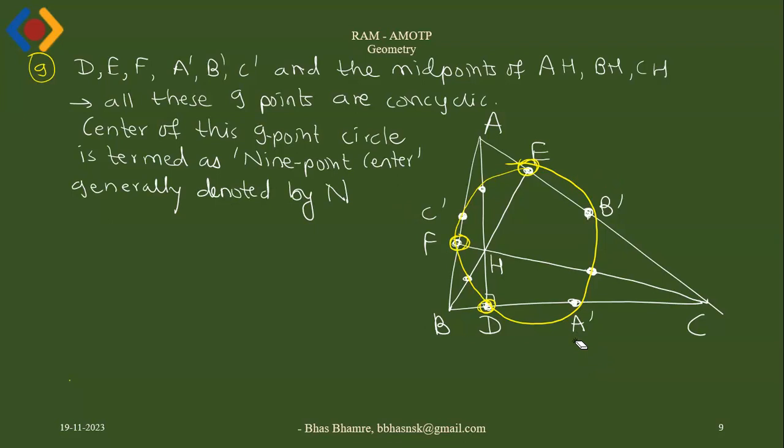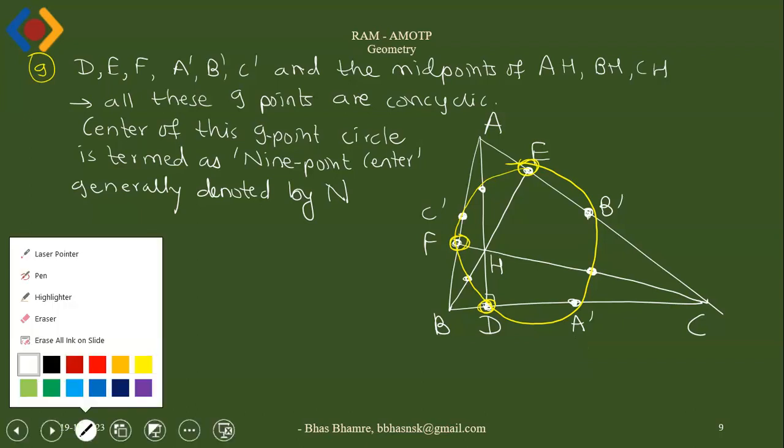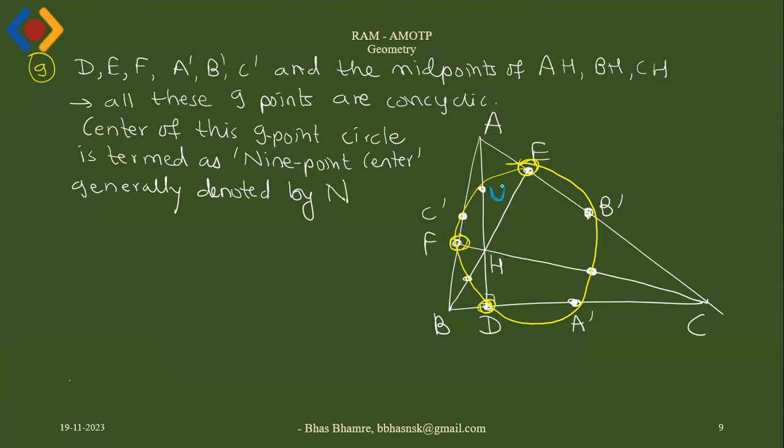So the midpoints of AH, BH, CH, we can consider them as, say, U, V, W. Say this is U, this is V, and this is W. Then, as we know, earlier we stated OA' is half AH. So we have another corollary result.